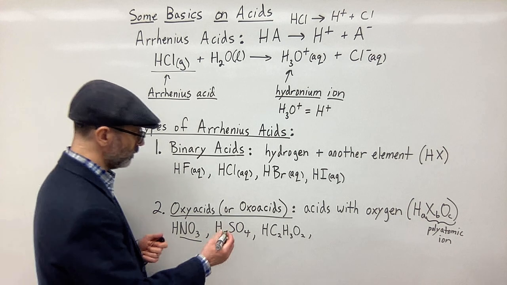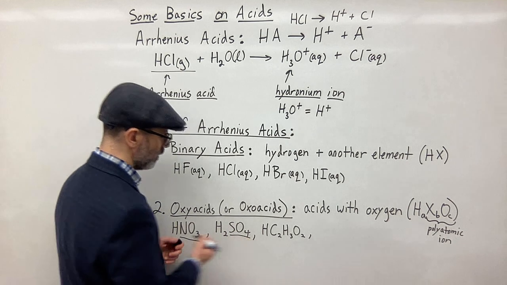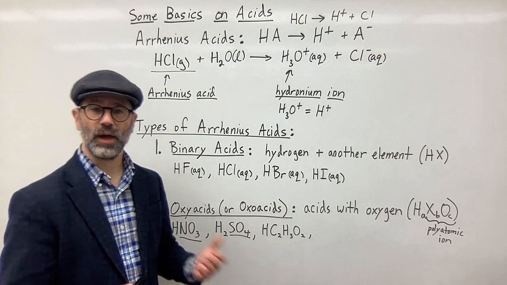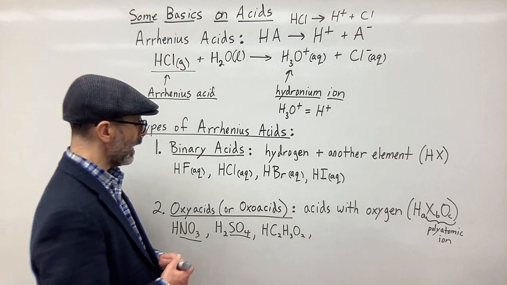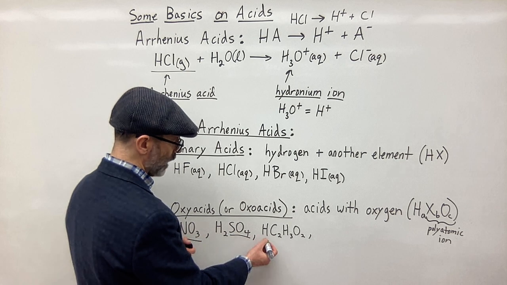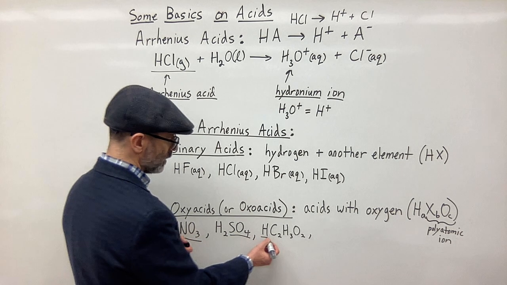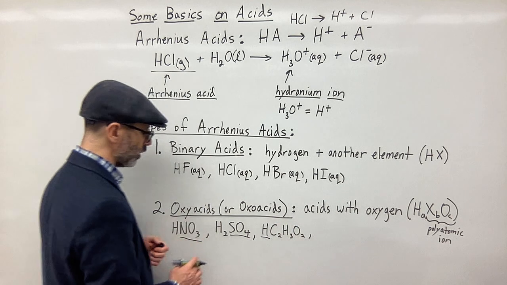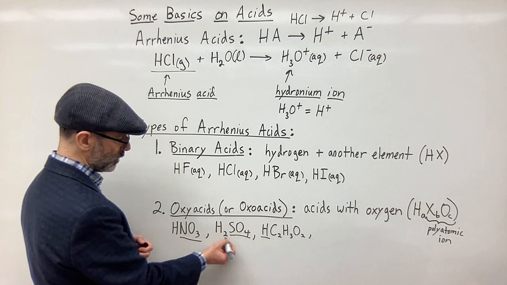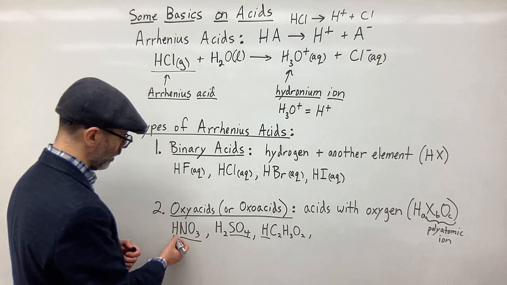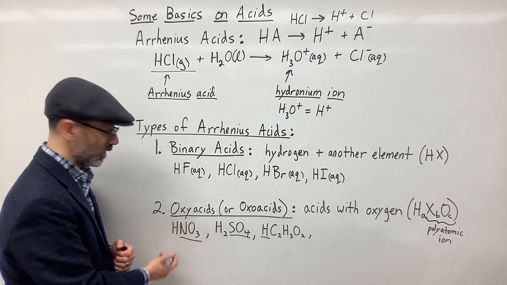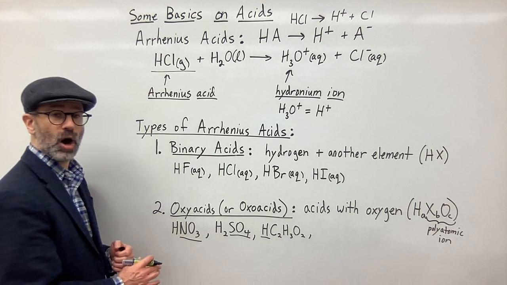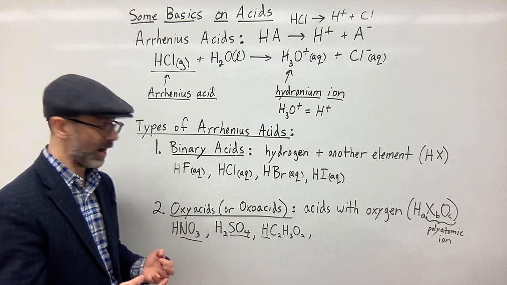So again, SO4, that is a polyatomic ion, sulfate. And the same thing here. Again, the first hydrogen is your acidic hydrogen. That's the hydrogen that's going to come off and bind with water. So here I have two hydrogens. Those are going to come off, bind with water. And here I have one hydrogen that's going to come off, bind with water to form your hydronium ion.